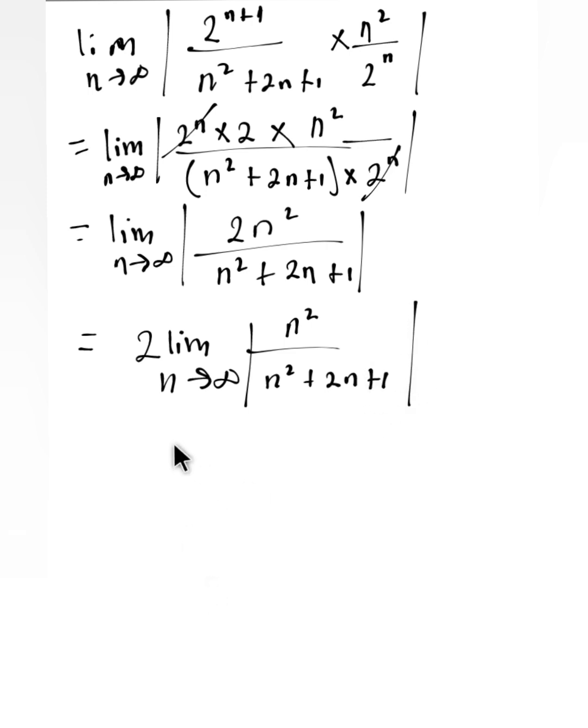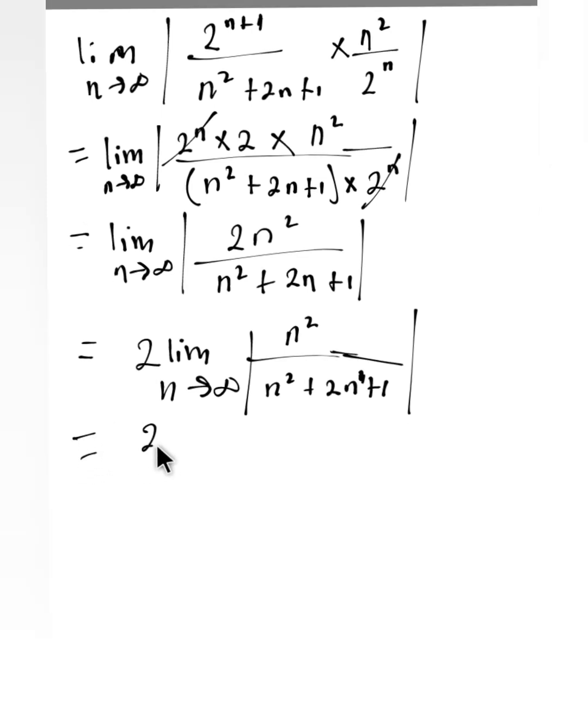Okay, so at this point we are going to find the limit by dividing all the terms here by the highest power of n. Now this n, the power is 2, this power is 2, the power of this n is 1. So what is the highest power of n? The highest power of n is 2. So I'm going to divide each of these terms by n raised to the power 2.